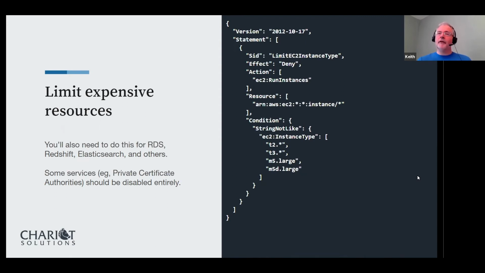For most sandboxy tasks, you don't need to do that. So we put a policy that looks at EC2, won't let you do a run instance unless it's a T2, T3, or an M5 large. And all of these instance types will cost less than 10 cents an hour to run. So it's a reasonable charge. It's not going to run up a huge charge.